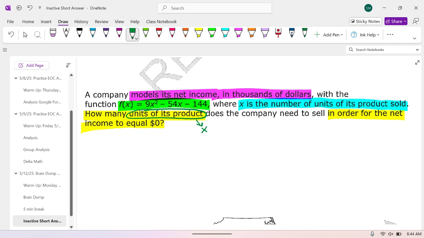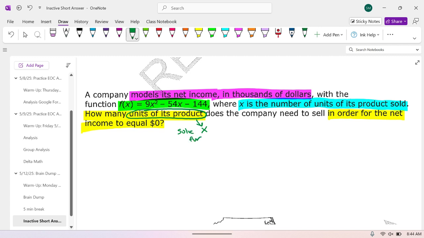What does it say in the blue? Because X is the number of units of product sold, all right? So if we're trying to find how many units of product, that means we're solving for X.